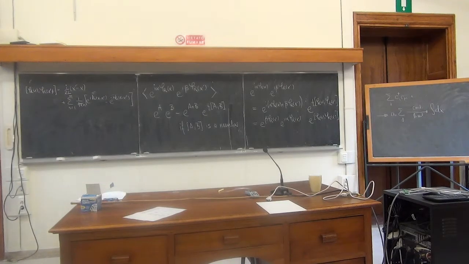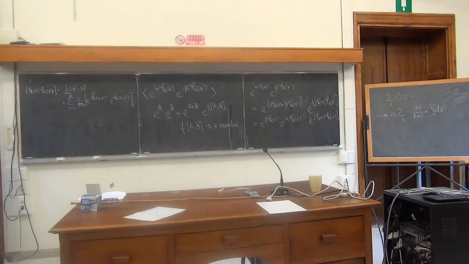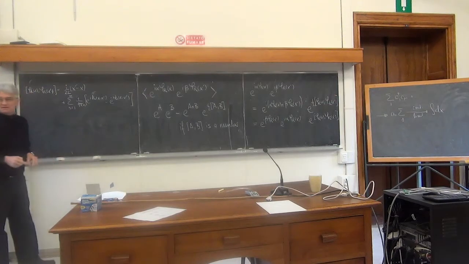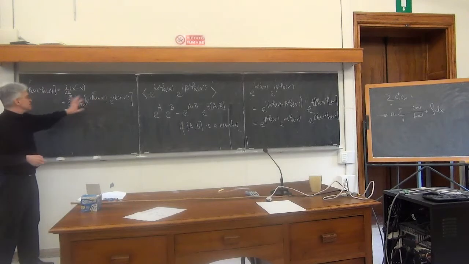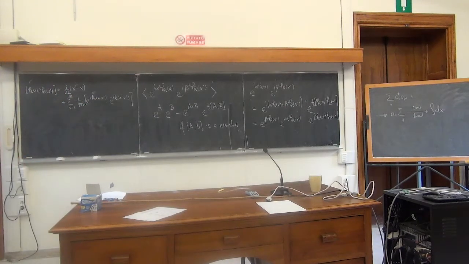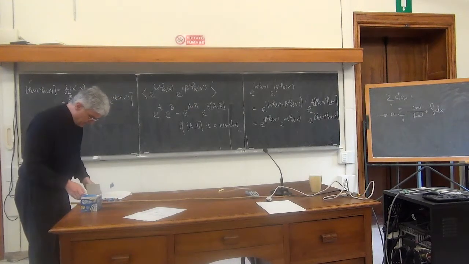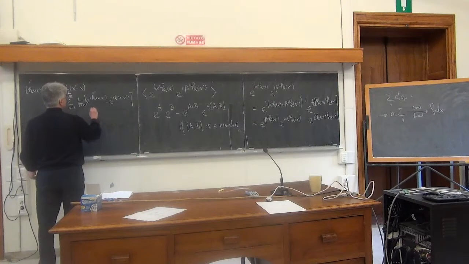Now the point I'm trying to make is that this infinite sum doesn't exist. The reason being that it basically goes like 1 over n for large n, and these exponentials all have magnitude equal to 1. So this is a divergent sum which you have to define. The way we will do this is by introducing by hand a convergence factor, which I simply take to be e to the minus 2 pi epsilon n.